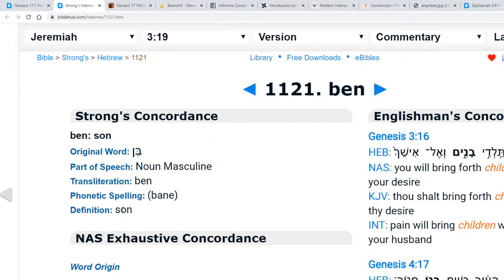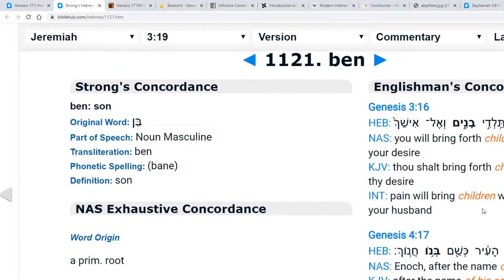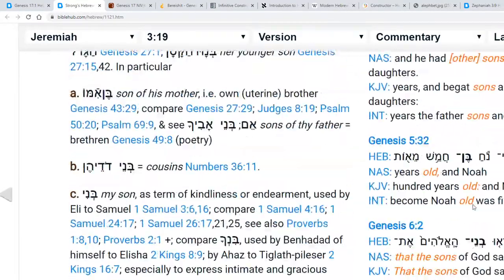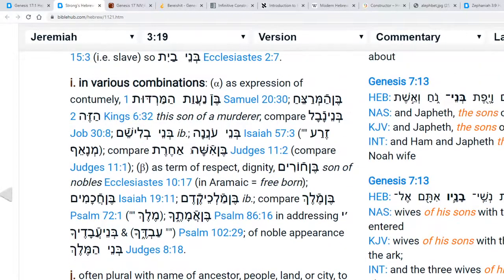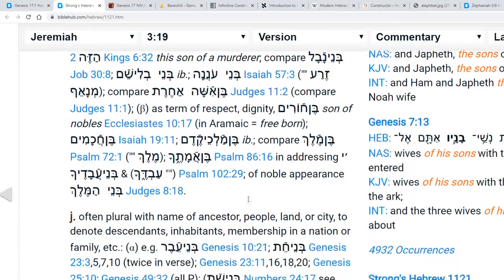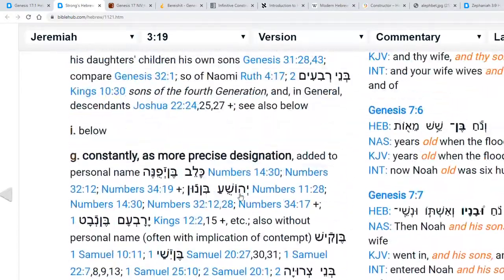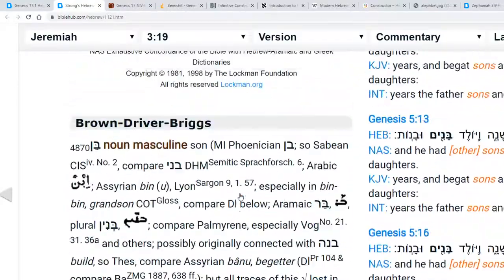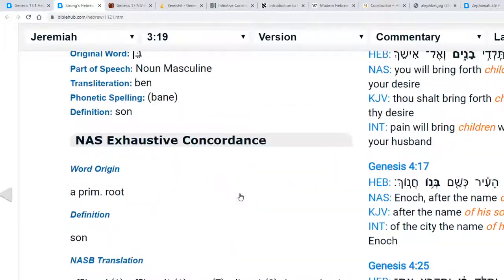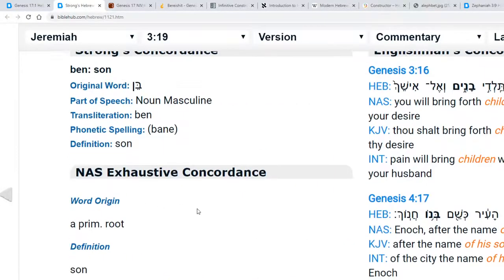Here, when you say somebody is the son of a certain number, what you mean is he's that old. Okay? And it'll show you all the places where that same word shows up. So it shows up almost 5,000 times in the Bible. Very, very common word. And it'll give various explanations. This can be really useful if you're trying to understand a particular word. And generally for nouns, it'll also give you what they think the root is.